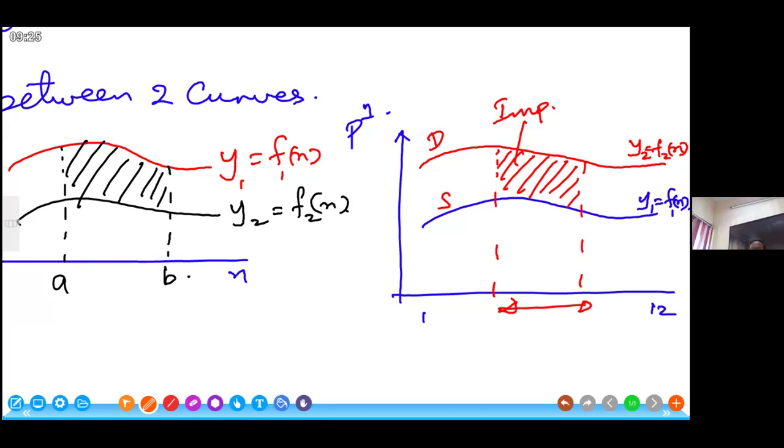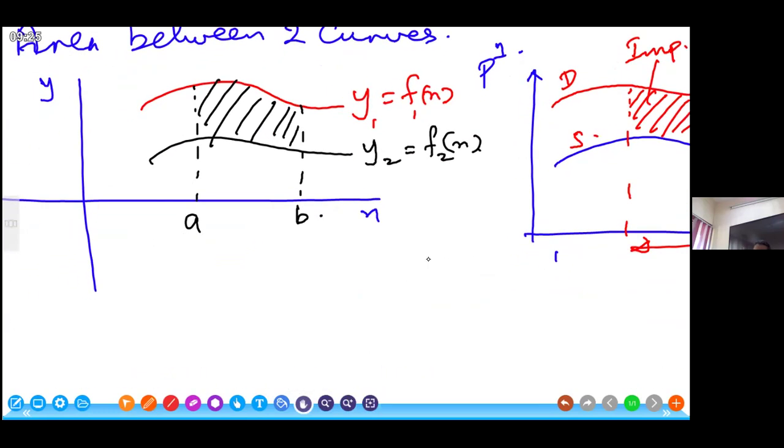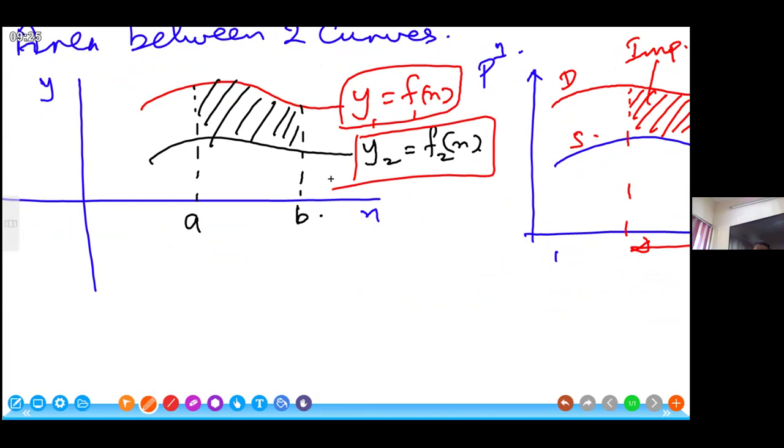So this is the application of finding out the area between these two. For that, how can we work it out? Here I have one function, and I have another function. We can integrate these functions. We can take the difference between these two functions within the given range. For example, we can say y1 minus y2, because y1 is the higher value above, with respect to dx.